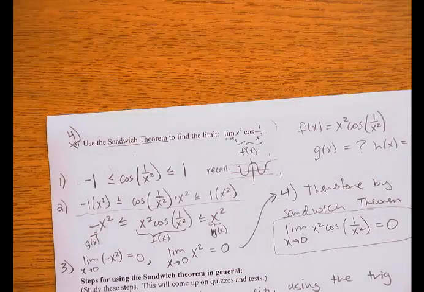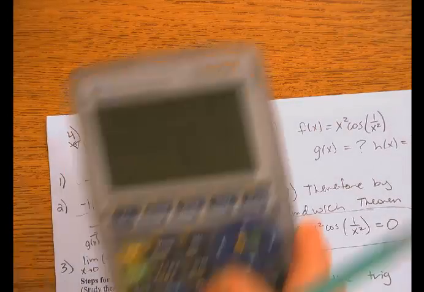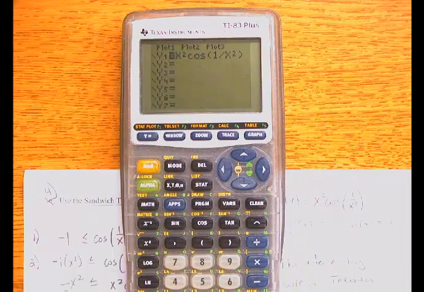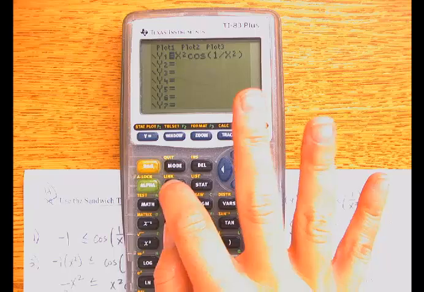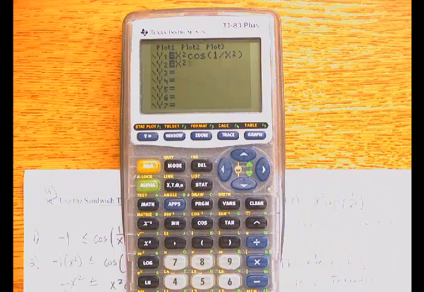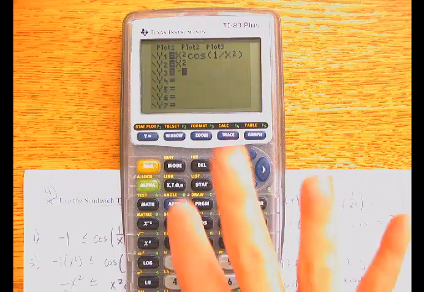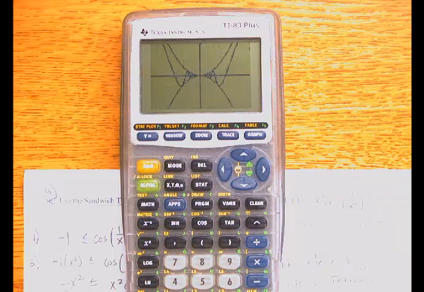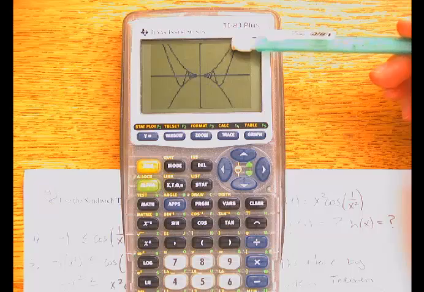And if we look at the graph on our calculator that we had earlier, I'm going to go ahead now and type in what my h of x function was. That was x squared. And my g of x function was negative x squared. Let's take a look at what that looks like. So there's my h of x and there's my g of x.